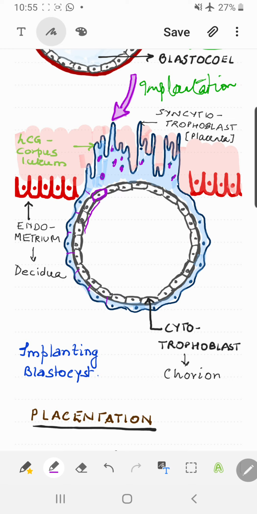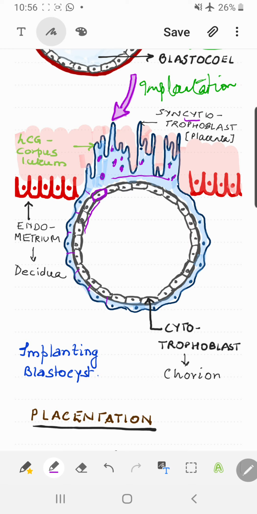That's why you use the word syncytio. If you remember when you studied free nuclear endosperm, we used the word coconut syncytium, which was a liquid that was multinucleated. Similarly, here you can see a structure where cell membranes are not there and the structure seems to be multinucleated. Right, children?